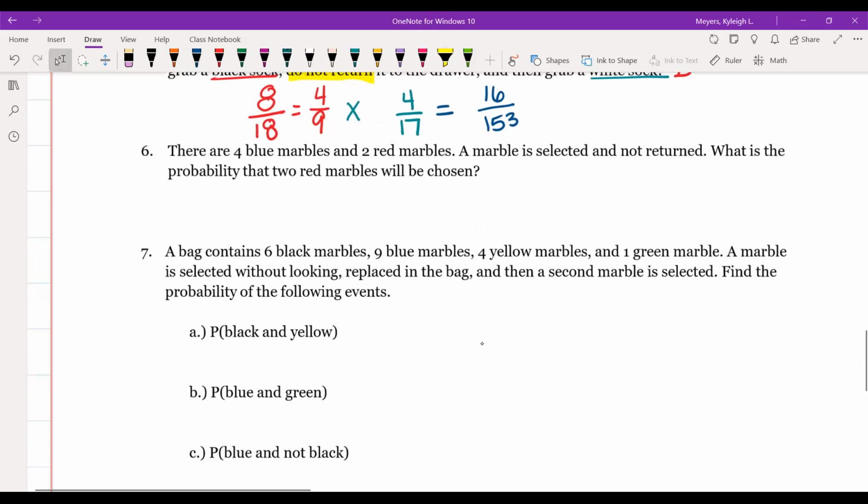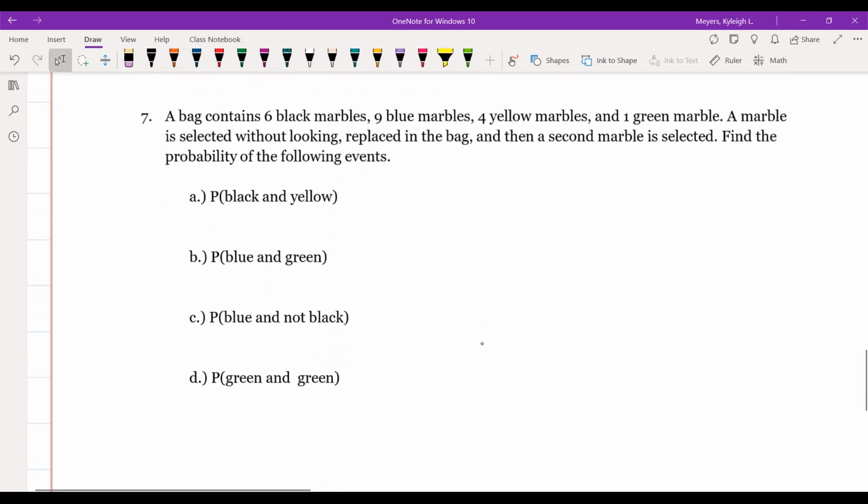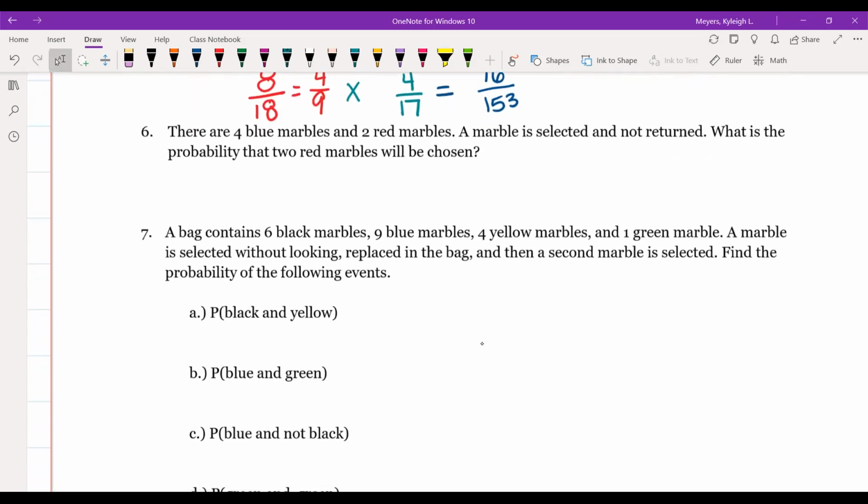All right, we're going to do one more together. And then I'm going to have you do number 7 on your own. So there are 4 blue marbles and 2 red marbles. A marble is selected and not returned. What's the probability of selecting 2 red marbles? Okay, so this is dependent, right?